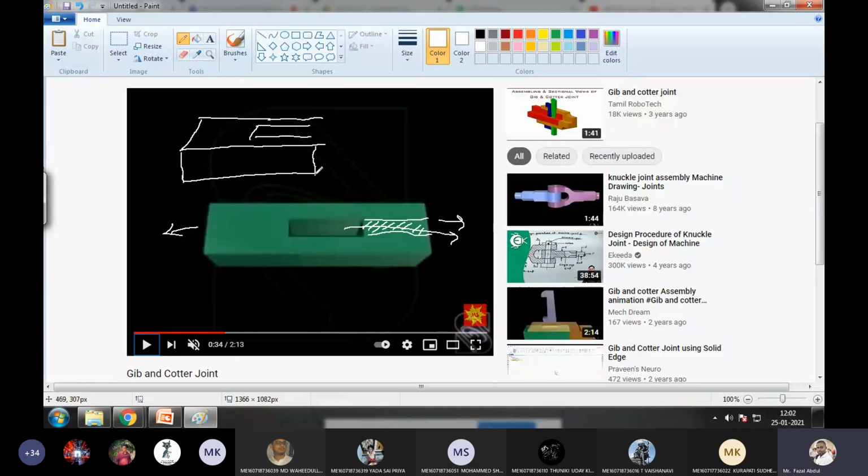So one side I'm drawing. The failure area is, this is the failure area.